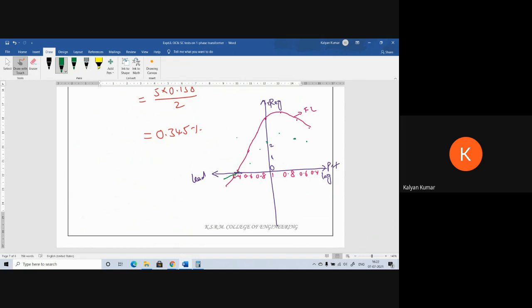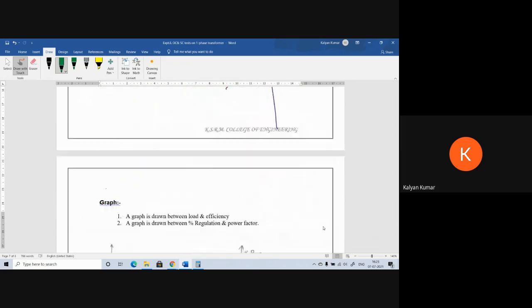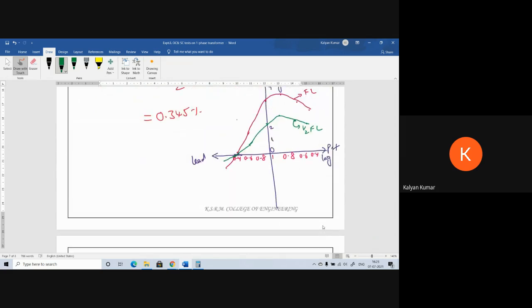For half full load, the regulation curve will be like this. So, for the calculated values, we need to plot the regulation curve and efficiency curve.